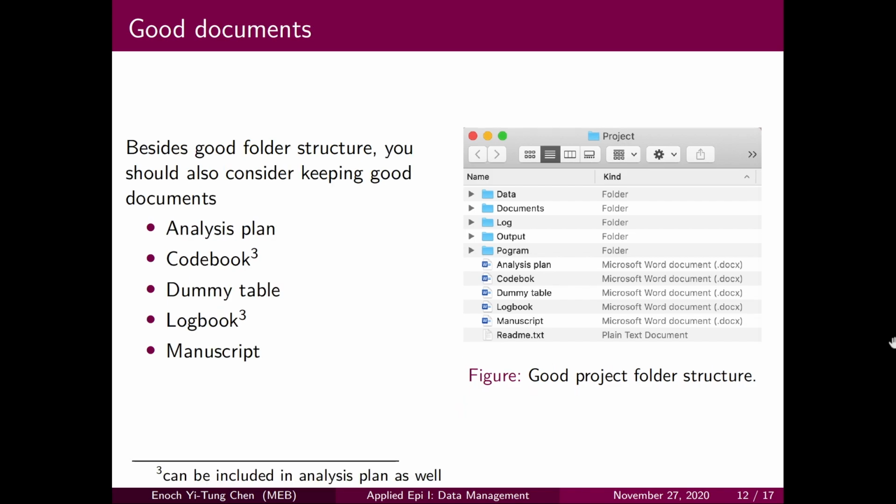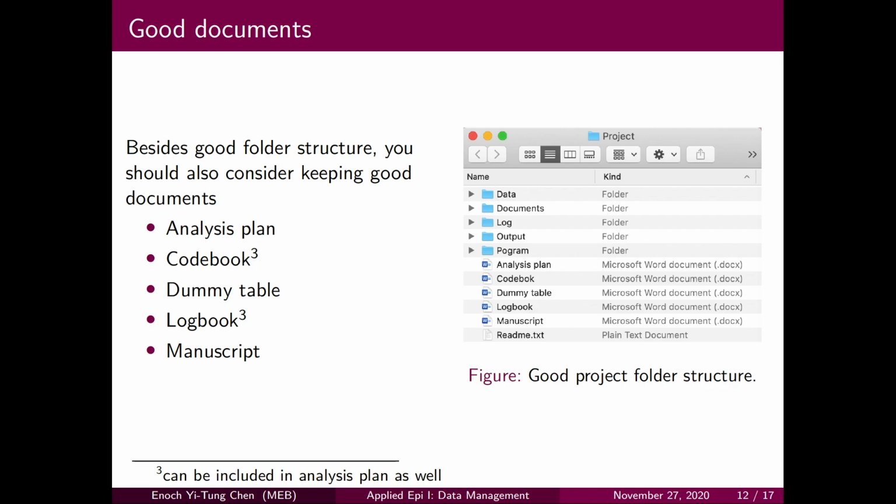Okay, great. And besides folders, you would also have some documents for your project. First, analysis plan. It is more than just merely your proposal, but how you're going to conduct the analysis part, from data clearance to statistical part. Codebook.